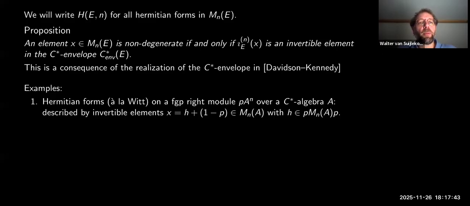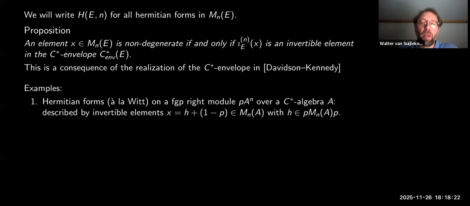Then, if you think about a Hermitian form, it's given by the matrix of the form, so that's called H, and that matrix H is inside P, M, N of A, P. So that's actually the corner now in the C-star algebra M_N of A, because P is a projection with values in A. And what you do is you add to that H a sort of trivial corner, which is 1 minus P, and these Hermitian forms can then be used. There's a map which brings you back to K-theory of the C-star algebra. So that's why they may be of use in this context as well.